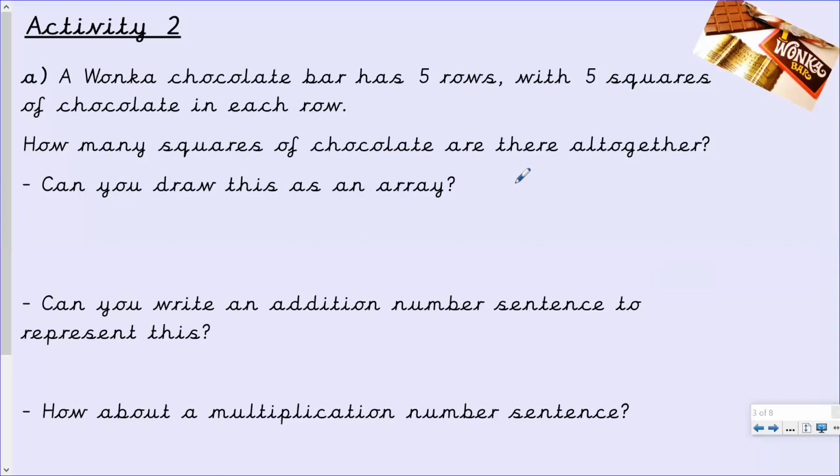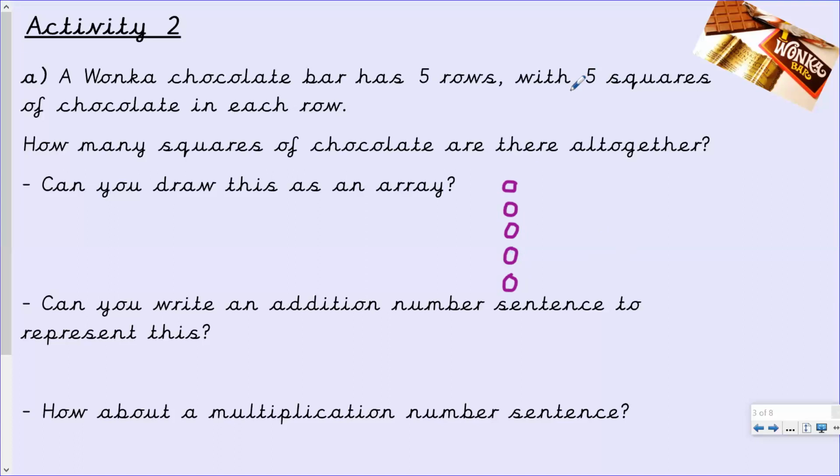So I can start representing my 5 rows. 1, 2, 3, 4, 5. I'm going to represent them as rows like this, going horizontally.